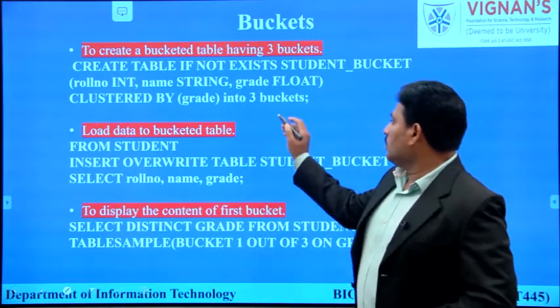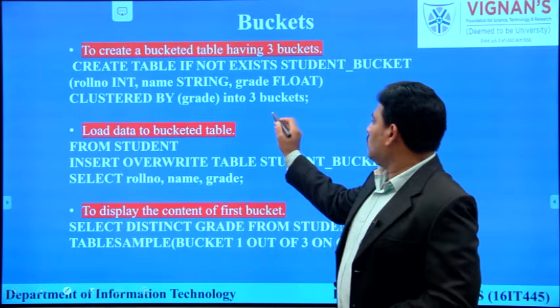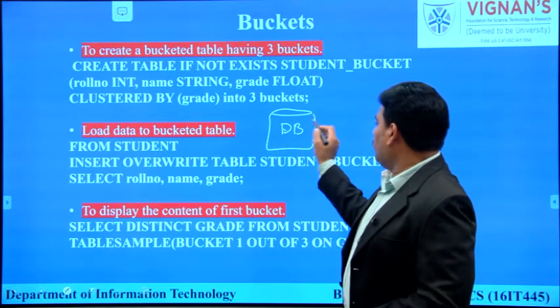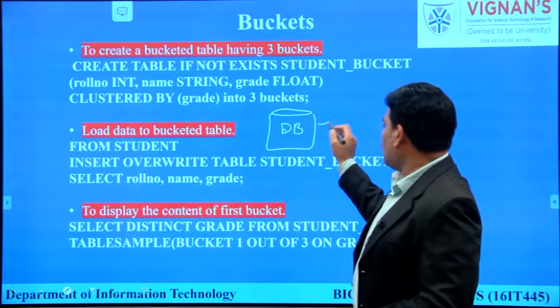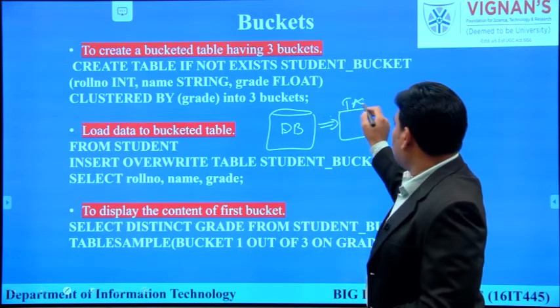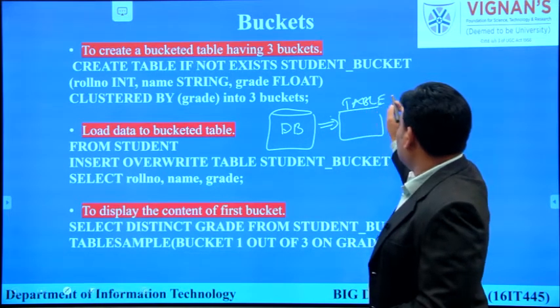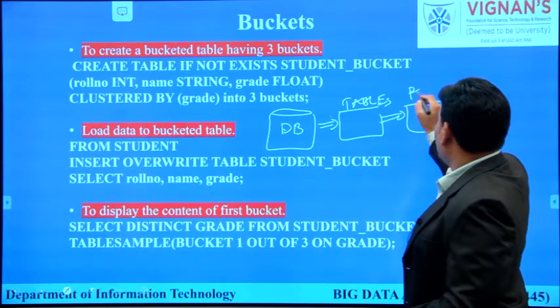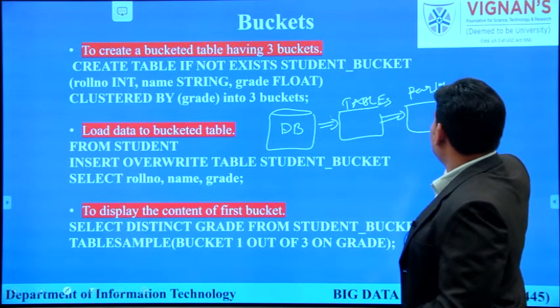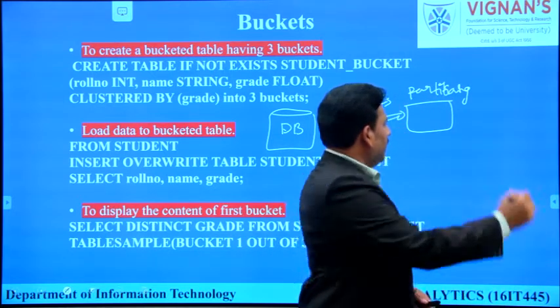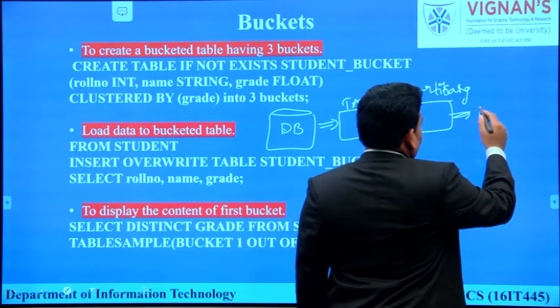Initially we have a database. In the database, what are we creating? Tables. On tables we are applying partitioning. On partitioning we are creating buckets.